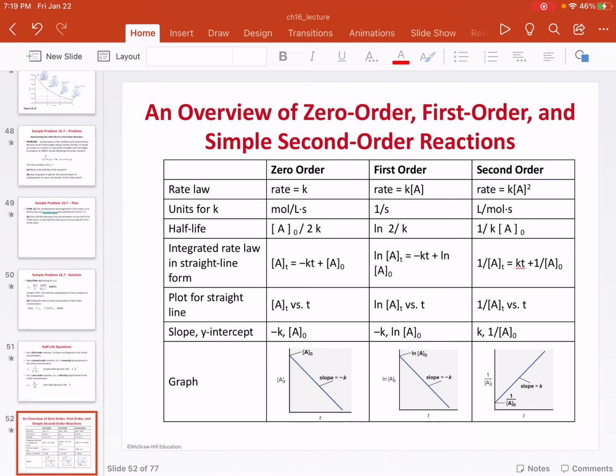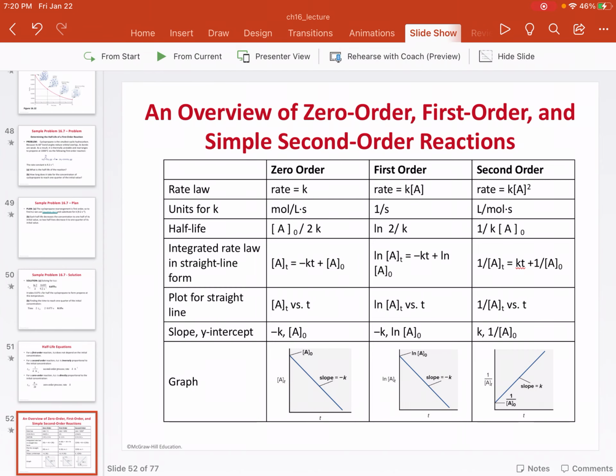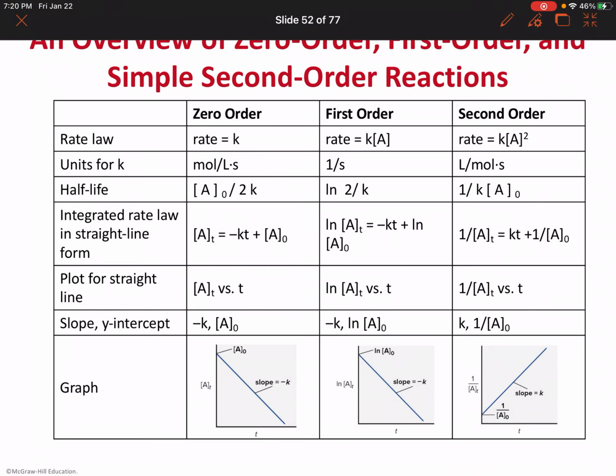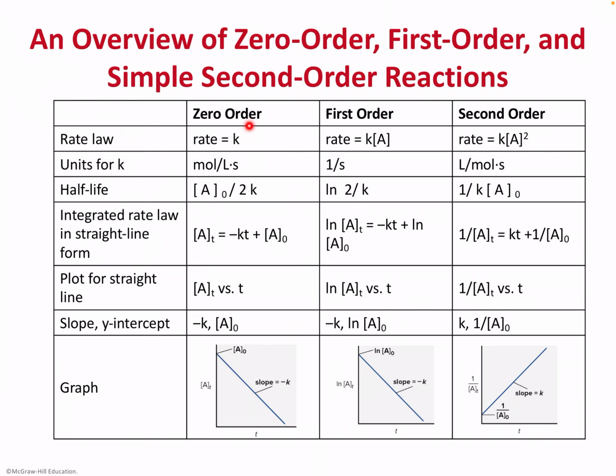Remember we talked in our lectures that you can draw graphs of either concentration versus time, or ln concentration versus time, or 1 over concentration versus time. Okay. So here, if it is a zero order reaction, it's going to be concentration of A versus time.